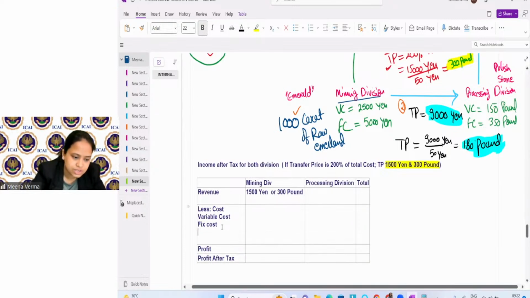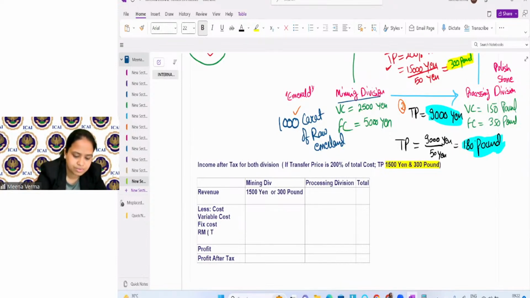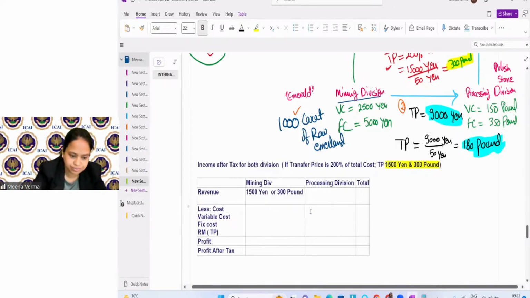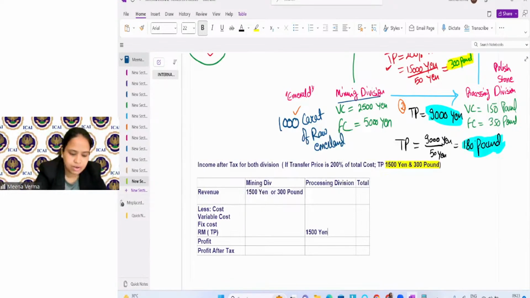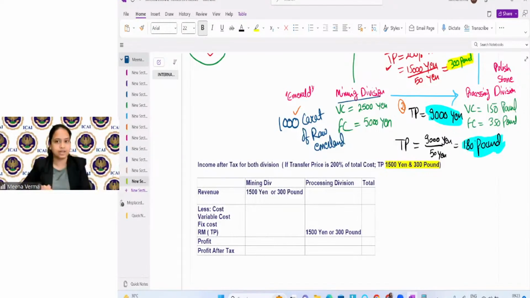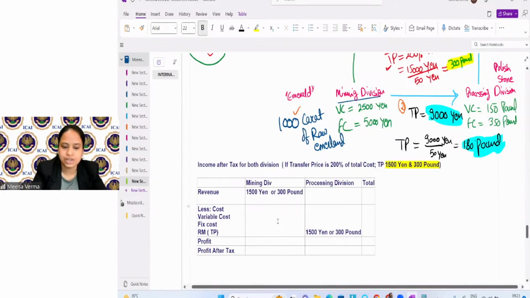And this will be the cost for the processing division, 1,500 yen, or we will consider it here in pound, 300 pound. The transfer price will be the revenue for one division and a cost for another division. So for one division, we have considered it as a revenue, and for the other division, we have considered it as a cost.